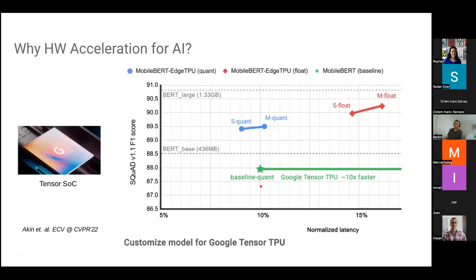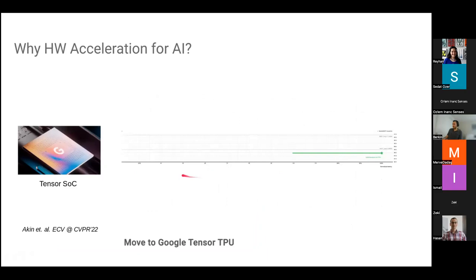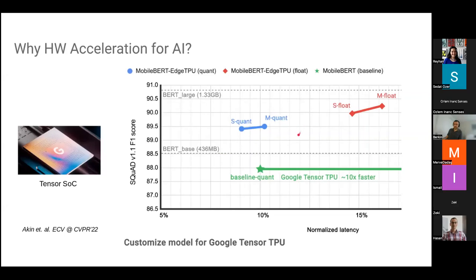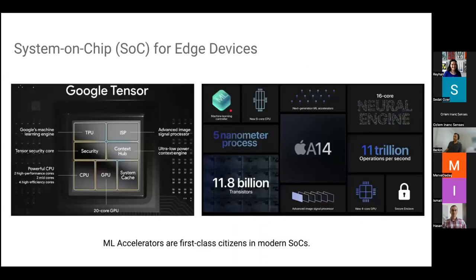So this could be the difference between real time and non-real time. There are a few more data points on the top. I'm not going to talk about them yet, but we could actually do even better than this, and we'll talk about how we can achieve it.